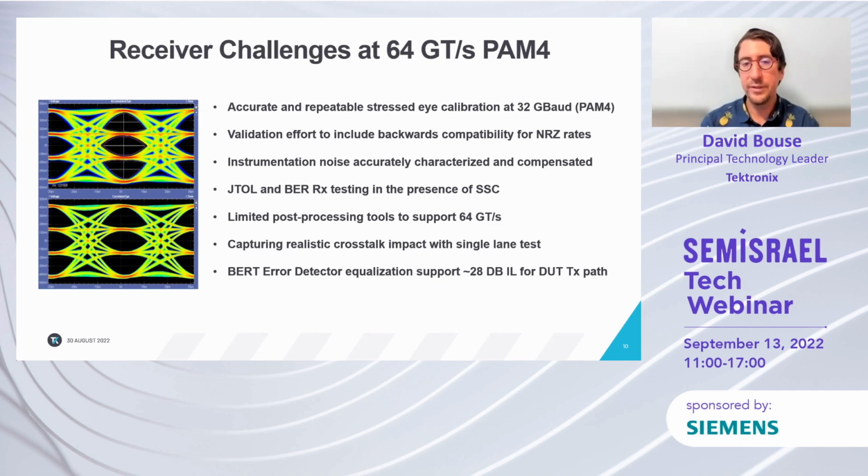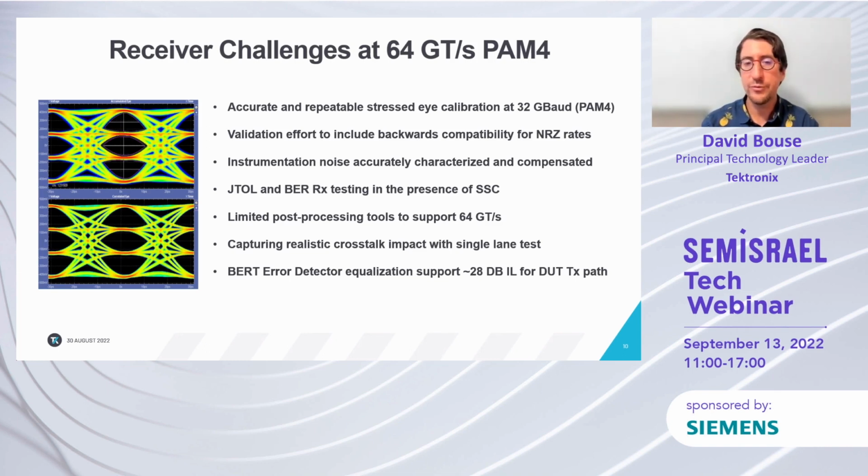Also, limited post-processing tools available today. So Tektronix has personally taken that upon ourselves to develop our PAM4, what we call our PAM Jet tool, that allows you to do the DSP lifting. It's our compute engine around Gen 6 to help with that, as there's limited tools available.